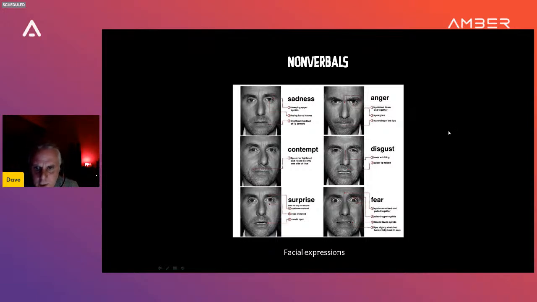So we're getting cues from facial expressions. Fear is a good one. I like fear. One of the cues from fear is the exposed sclera, the whites of the eyes. The theory being that when someone is experiencing fear, we are more easily able to identify where they're looking, where they think the threat is, hence the exposed sclera.